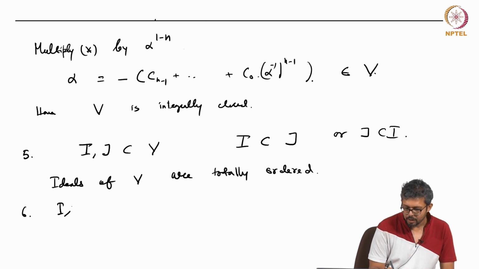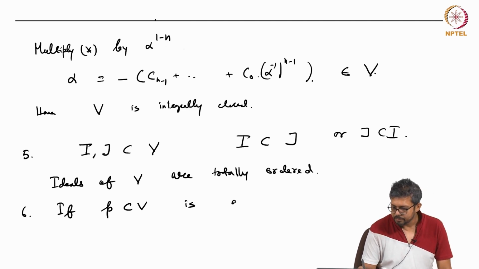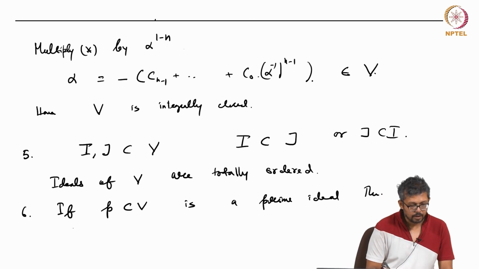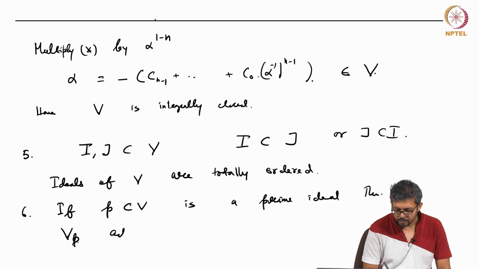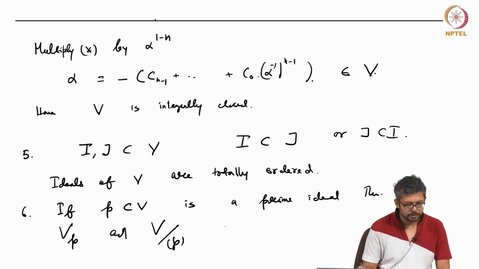So, if you take a prime ideal P in V, then you consider V_P, the localization at the prime ideal P, and V mod P. These are valuation rings.